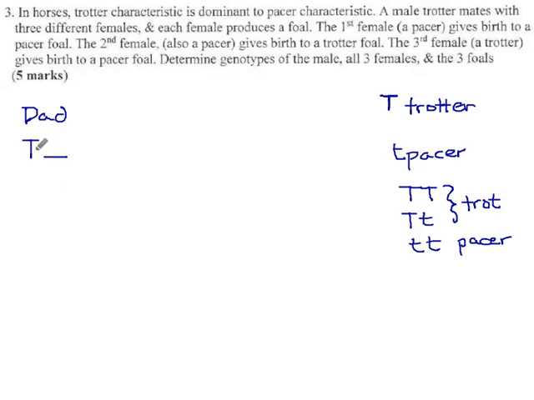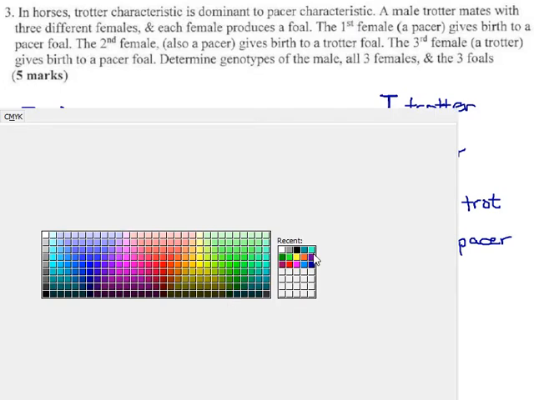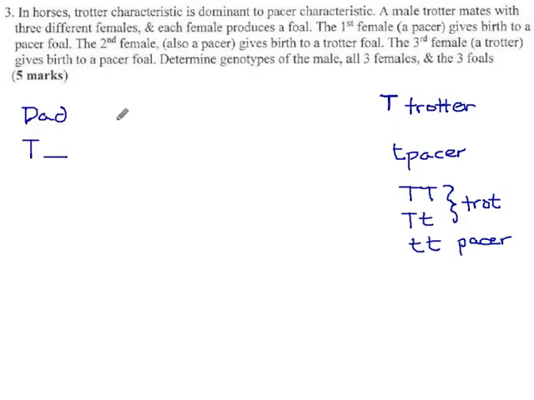And mates are three different females, and each female produces a foal. So we're going to have mom number 1, mom number 2, and mom number 3. And what do they tell us about these? The first female is a pacer. Lovely. If you're a pacer, we know you're little t.